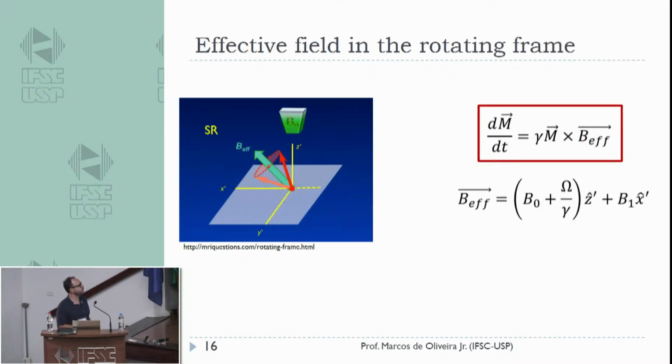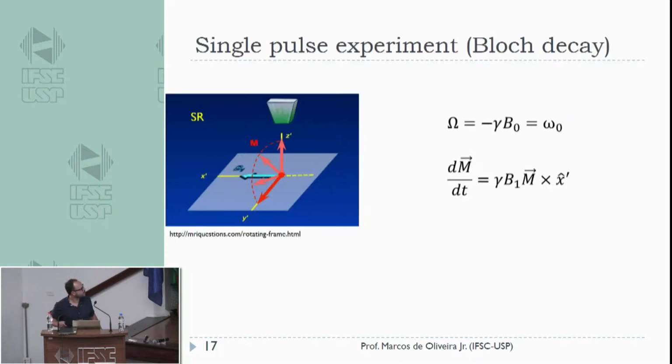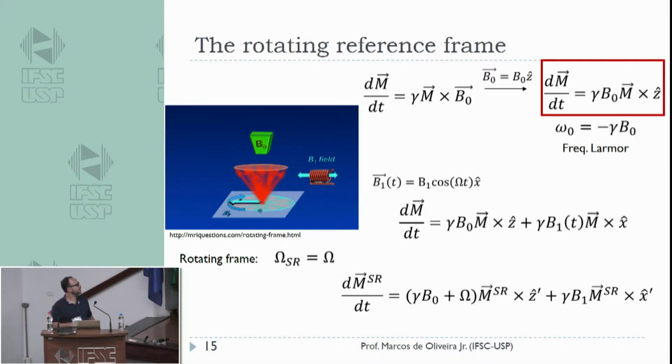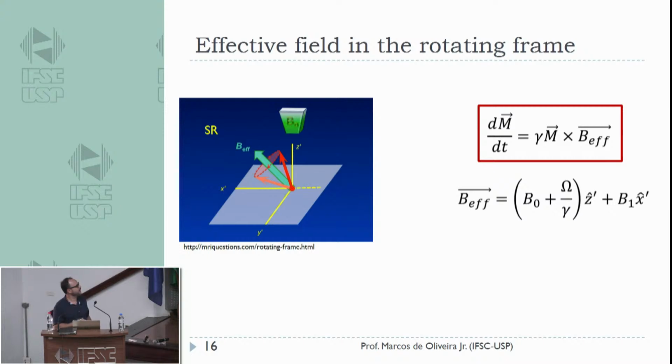Then we can put this equation together. Then we get a simpler equation where we can see here an effective field. So now the equation looks just like the same one we had before, but instead of precessing around B0, now our magnetization is precessing around an effective field that has this component in Z and the B1 component in X.